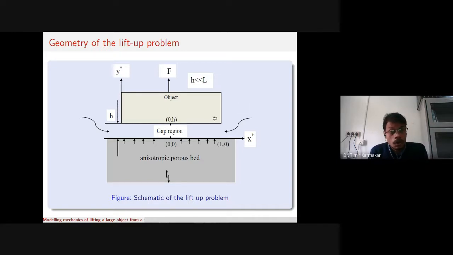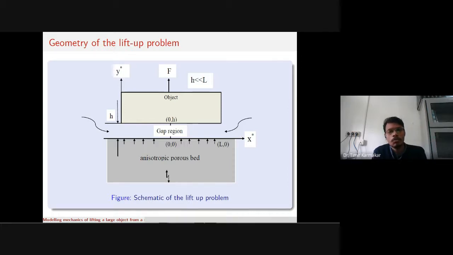Even though the object is very large, we don't have to bother about the weight because it is already balanced by the buoyancy force, but this suction force is very high. So how can we overcome it? This occurs near the interface, which we call the mud line.